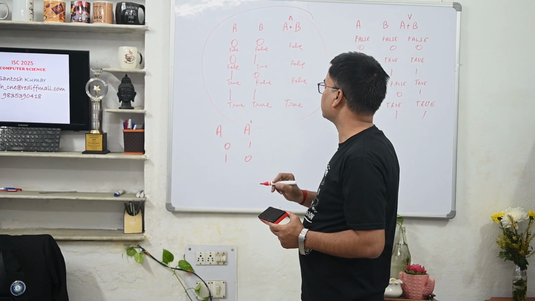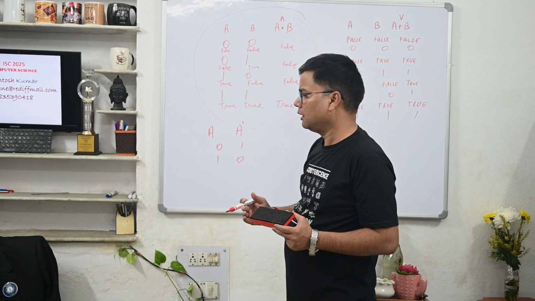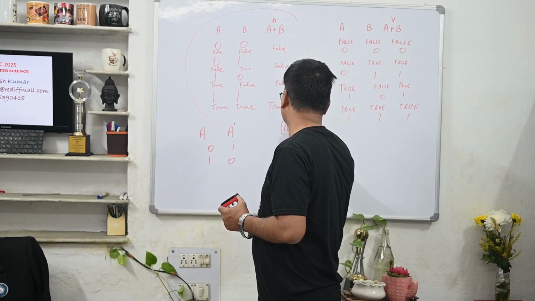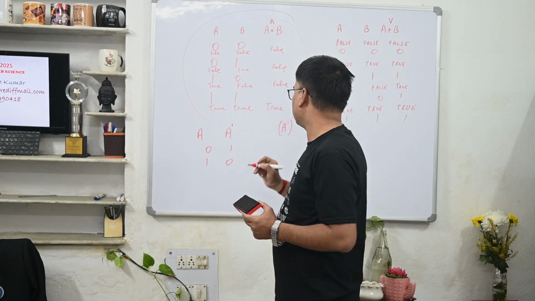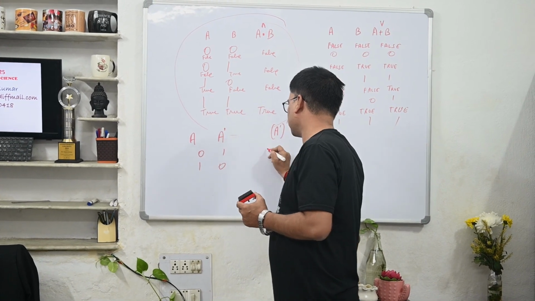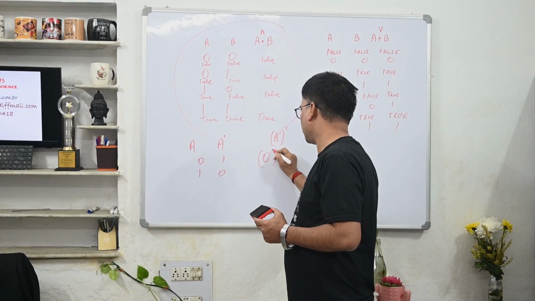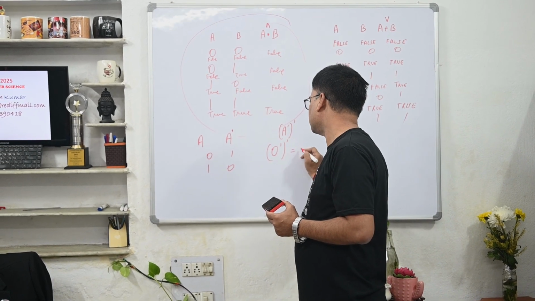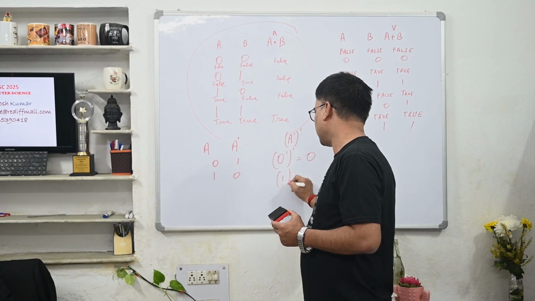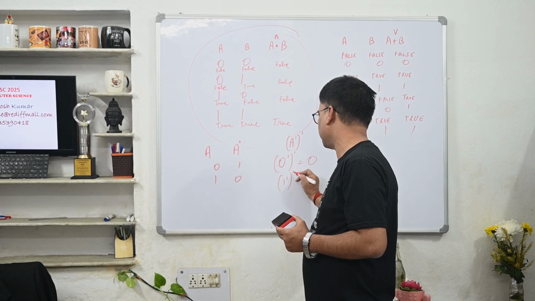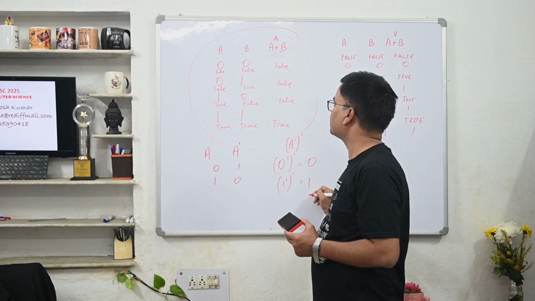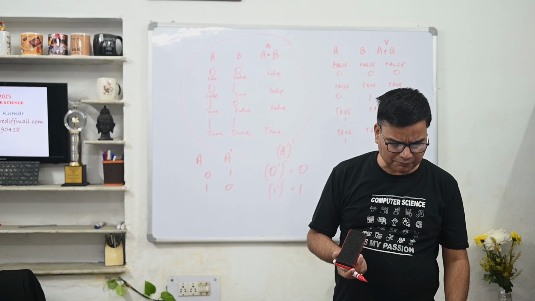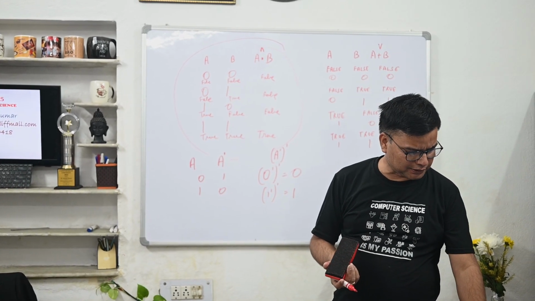So negation results in the complement. Then double negation: A double bar results in A. For example, I have 0, its complement, and then again its complement, so this results in 0. If I have 1, its complement is 0, and again its complement results in 1. So this is the double negation part. And then we have implication, that is the conditional operation.